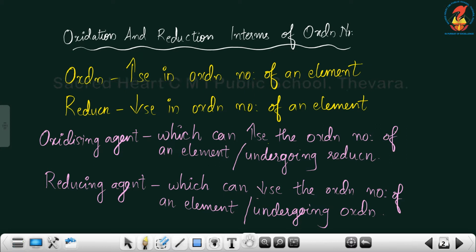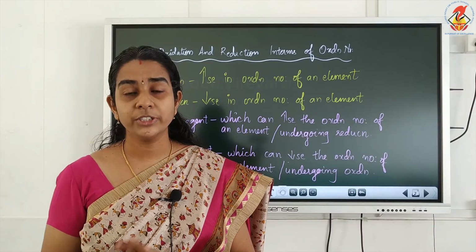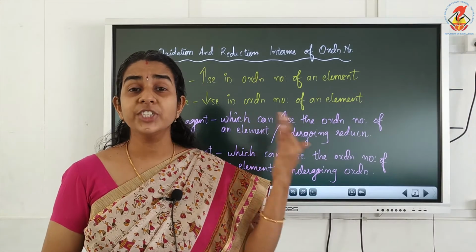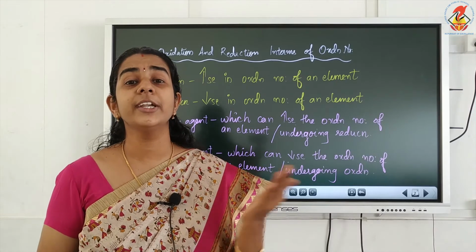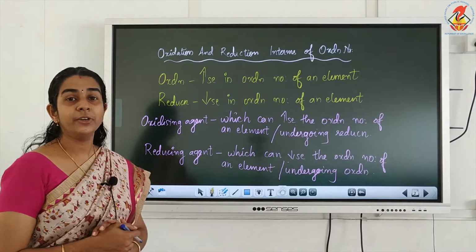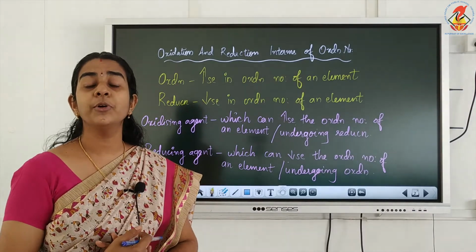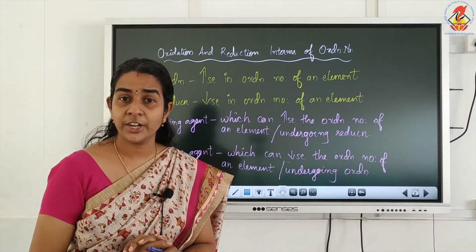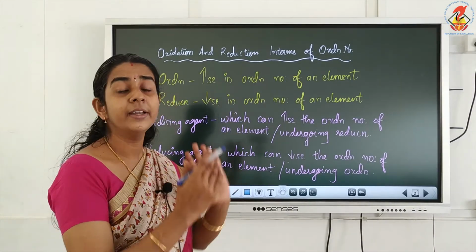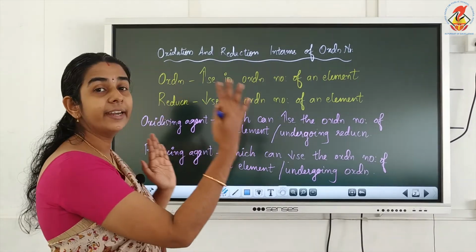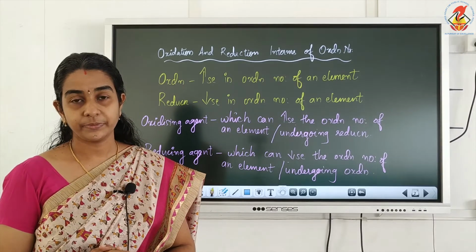Now we will see oxidation and reduction in terms of oxidation number. After assigning the oxidation number, how can we say which species or which atom is undergoing oxidation or reduction? After assigning the oxidation number of each atom or element present, compare the left hand side and right hand side of the equation.